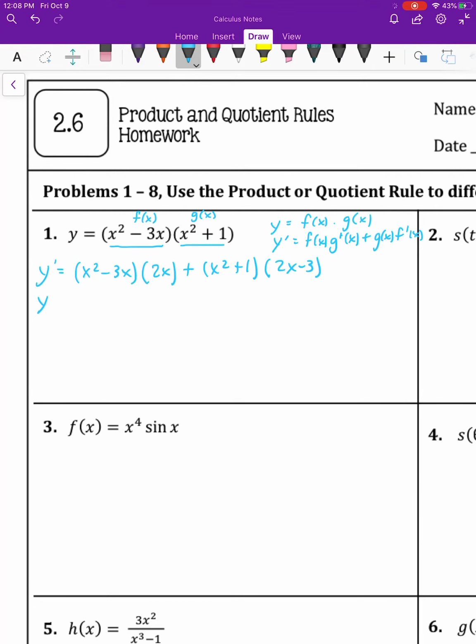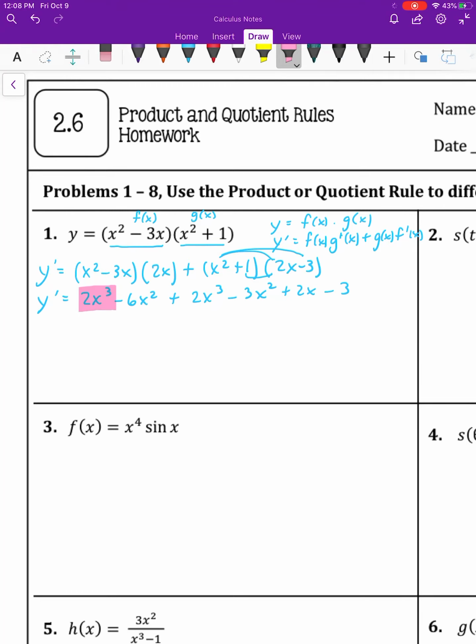And now I want to simplify. So 2x times x squared is 2x cubed minus 6x squared. And then this one I'll have to do x squared times 2x is 2x cubed. X squared times negative 3 is negative 3x squared. 1 times 2x is 2x, and 1 times negative 3 is negative 3.